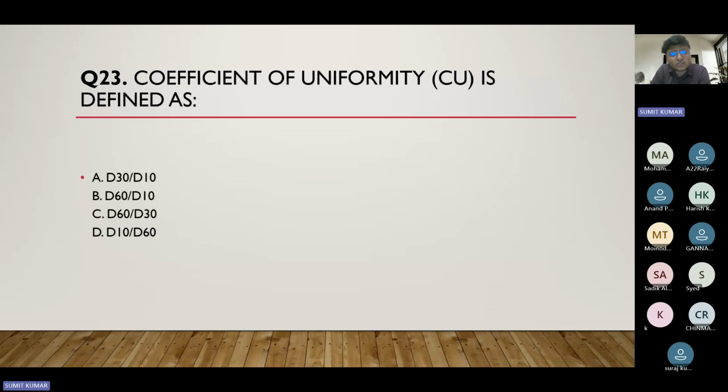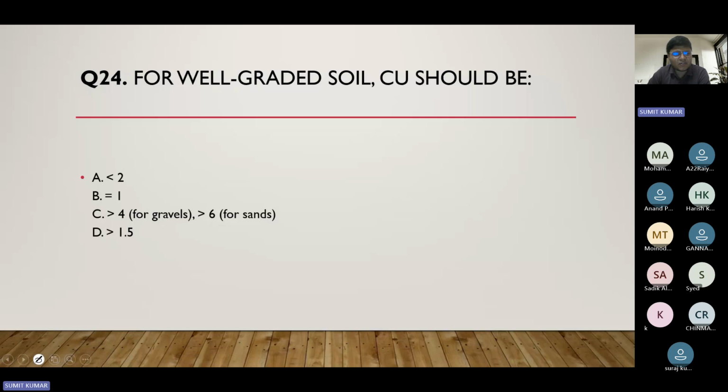Next, the coefficient of uniformity is defined as D60 by D10. B, right? Next, for a well-graded soil, CU should lie in the range of 1 to 3.